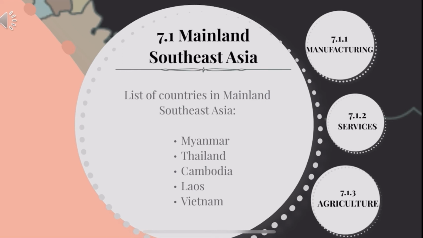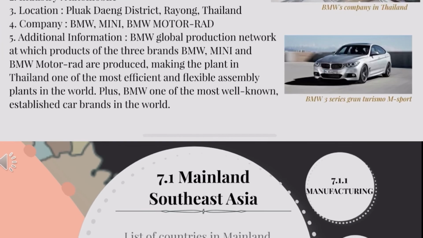It is actually an extension of the Asian continent. Muslims can be found in all mainland countries, but the most significant populations are in southern Thailand and western Myanmar, Arakan. The Cham people of central Vietnam and Cambodia are also Muslim.